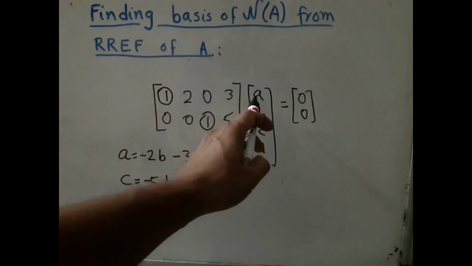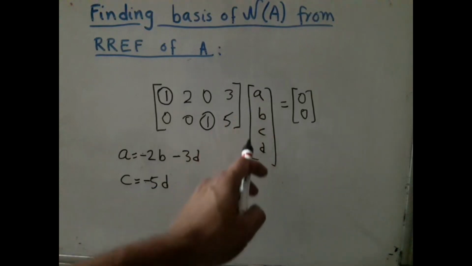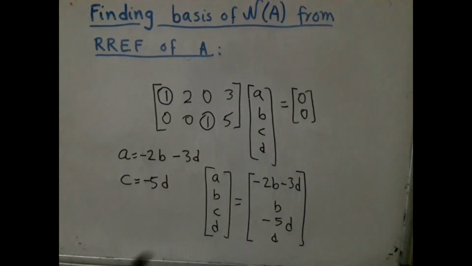So I could express variable 1 and unknown 3 in terms of the other two. Thus, any vector in the null space may be now written out like this. A, B, C, D. I have kept B and D as they are. In place of A, I have written this. In place of C, I have written that. So everything is now expressed in terms of B and D, which are perfectly free to move.